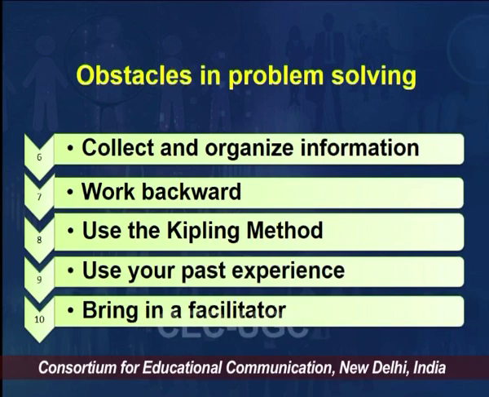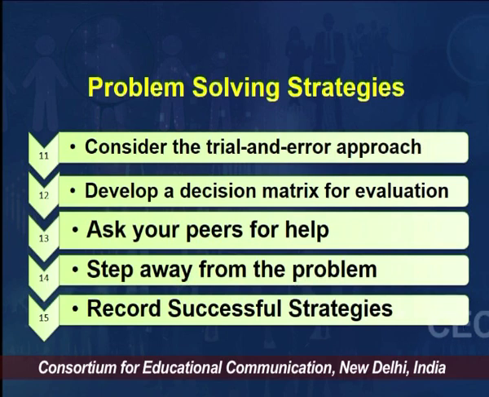Number 10, bring a facilitator. Number 11, consider the trial and error approach. Number 12, develop a decision matrix for evaluation. Number 13, ask your peers for help. Number 14, step away from the problem. And the last step is record successful strategies. So I am going to discuss these 15 strategies for problem solving.